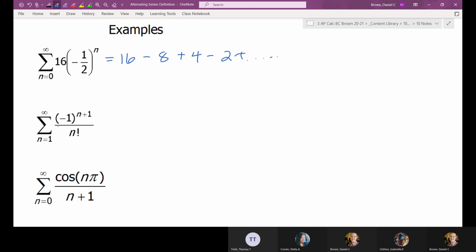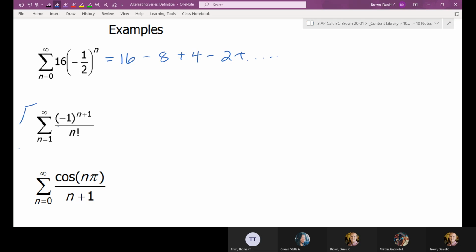That one you technically could prove whether it was convergent or divergent using the geometric series test, which is what I would definitely use. But we would be able to also use the alternating series test for both of them. The most common way we're going to see an alternating series, though, is this middle way, where we have basically the negative 1 raised either to the n or to the n plus 1.